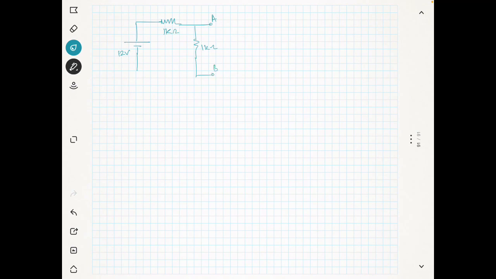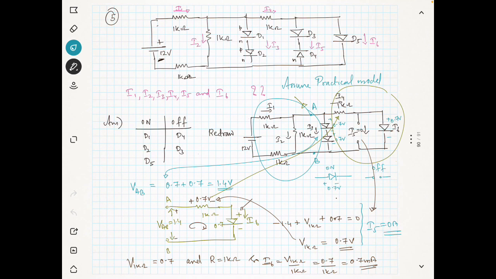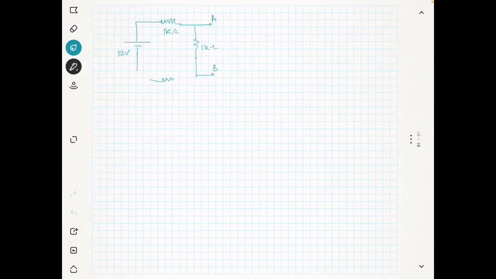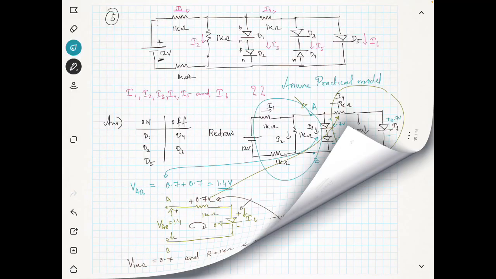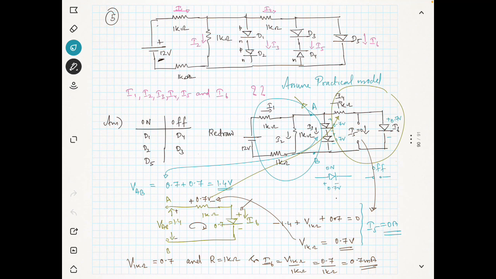Again this is the point B, and we have again a 1 kilo ohm resistance here, and you know that the voltage between A and B is 1.4. This we have already seen from the previous session itself.